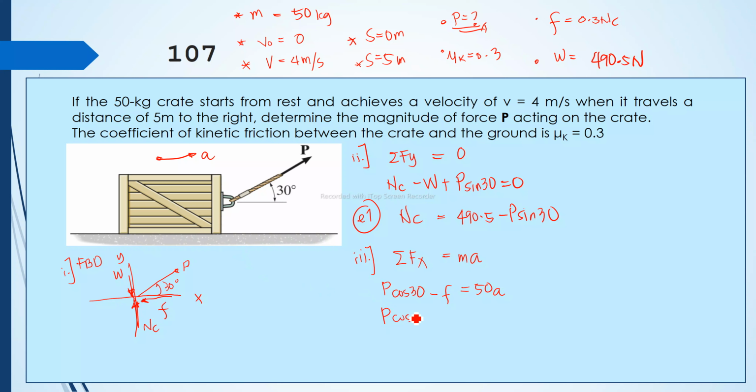We have P cosine 30 minus 0.3 N equal to 50 times acceleration. So we can substitute equation 1 into this one. So we have P cosine 30 minus 0.3 times (490.5 minus P sine 30) equal to 50a.